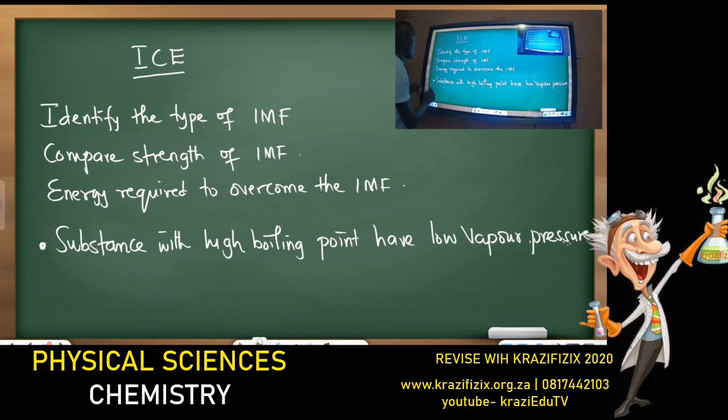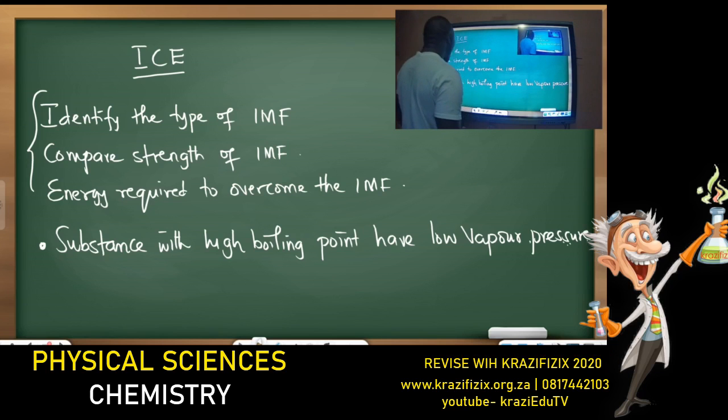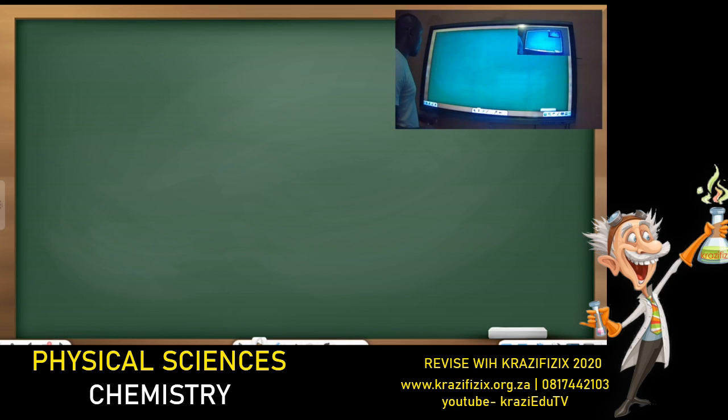So we are going to connect these 3 to this conclusion. So number 1, you identify the type of intermolecular force. Number 2, you compare the strength of the intermolecular force. Number 3, you talk about the energy required to overcome the intermolecular force. And then you must know that a substance with a high boiling point will have a low vapor pressure.